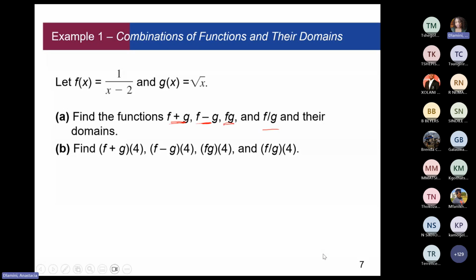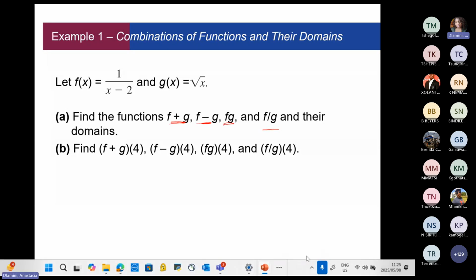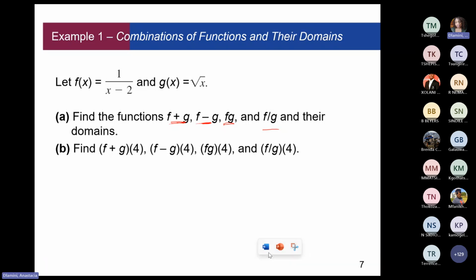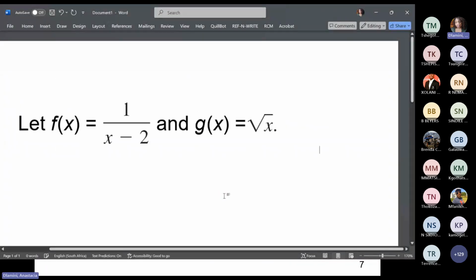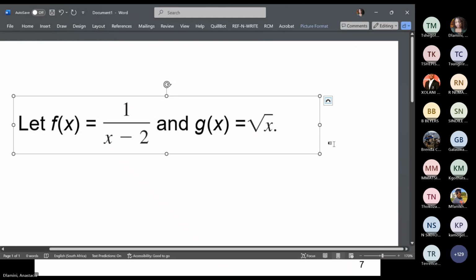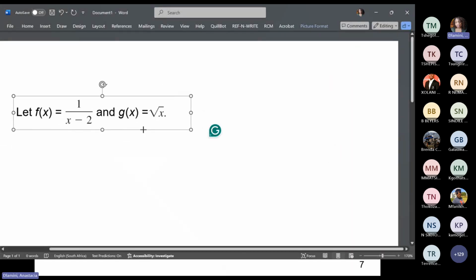That's what we are asked to find. And this is in your assignment, if I remember correctly.